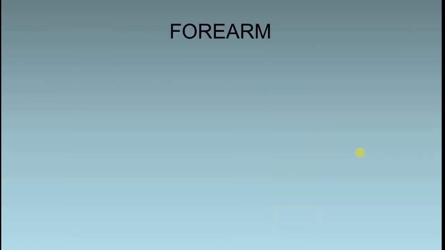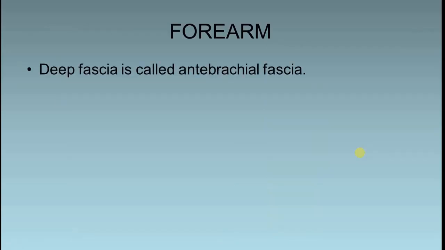Now going directly to the soft tissues of the forearm, you have the deep fascia covering the muscles, which is deep to the superficial fascia, and it's called the antebrachial fascia. This is the continuation of the brachial fascia, or the deep fascia of the arm.